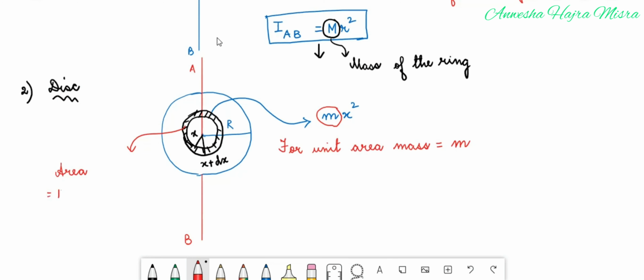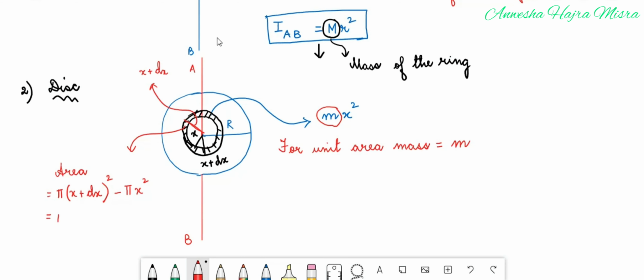Area is pi (x plus dx) whole square minus pi x square, because the bigger radius is x plus dx and the smaller radius is x.